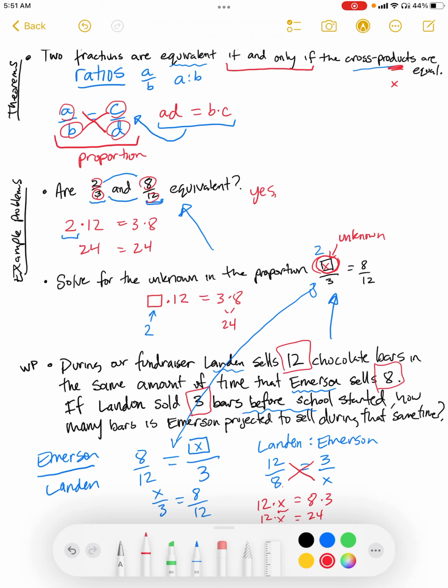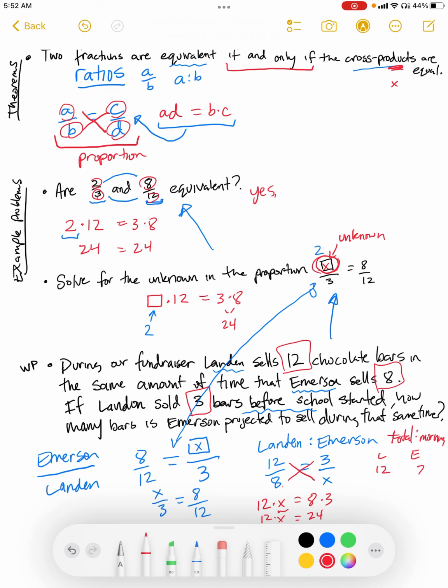Again, there are many ways to set this up. You could have also, one last way, let's stick with Landon. Like we could do the total compared to the morning. That's one more ratio. So if I stuck with Landon on this side and Emerson on this side, Landon sold 12 total.